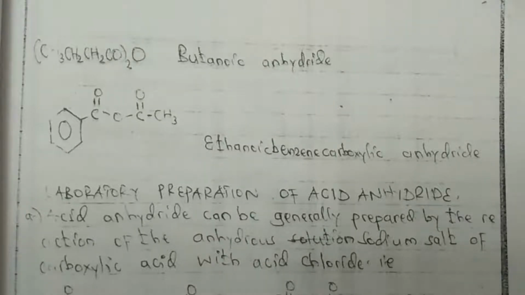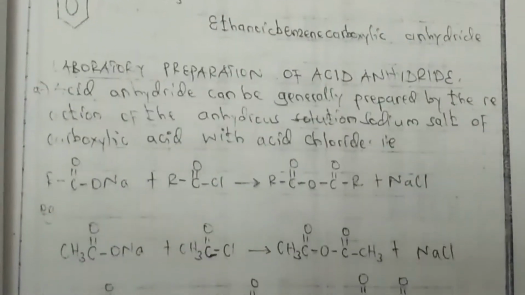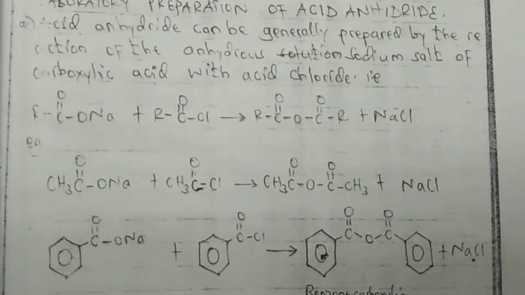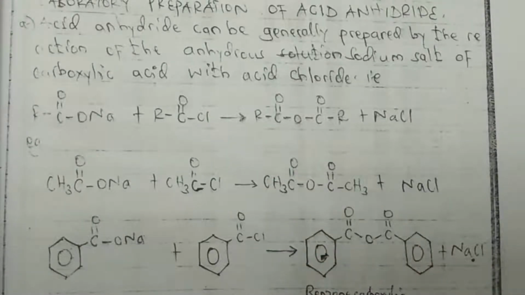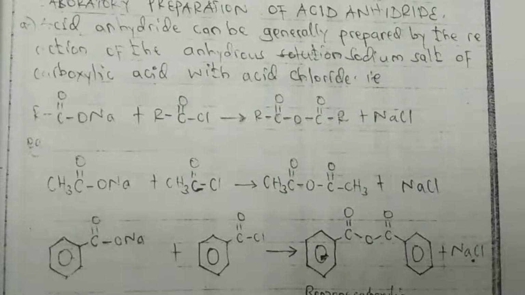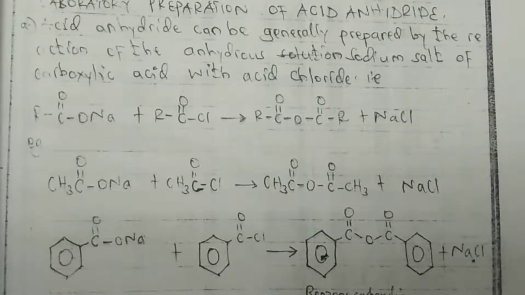Kwa hiyo tunareactisha anhydrous salt ya acid pamoja na acid chloride, so we get acid anhydride pamoja na sodium chloride yule pale. Hiyo reaction inaja kujua mechanism, example zake ni hizi hapa chini. Ujue tu salt of carboxylic acid, alafu ukireactisha na acid chloride unapata acid anhydride.